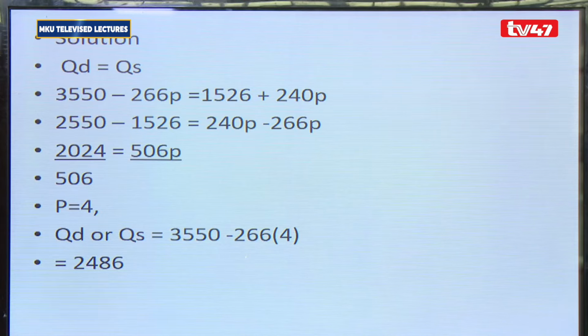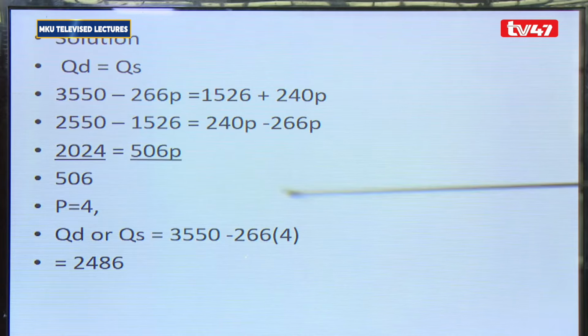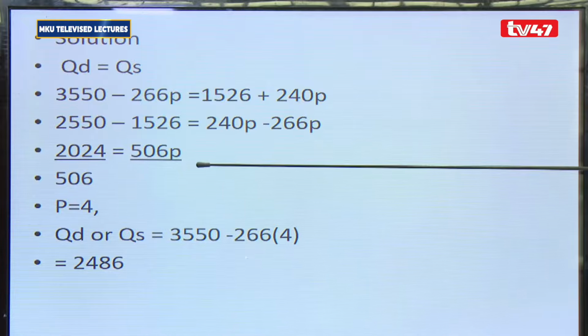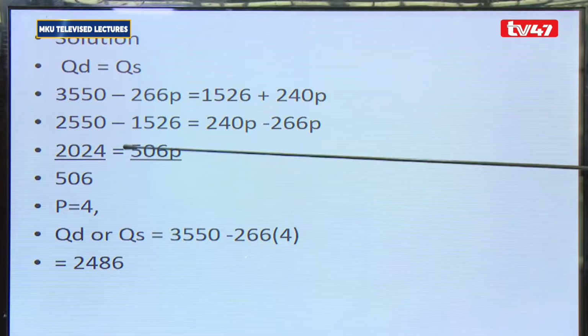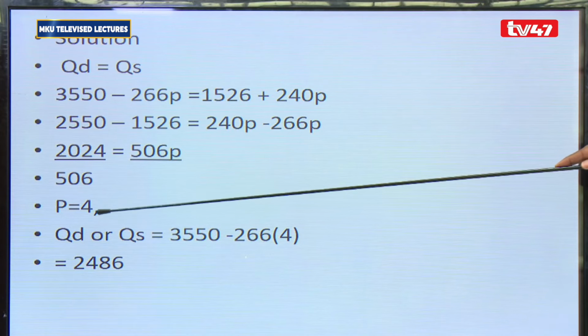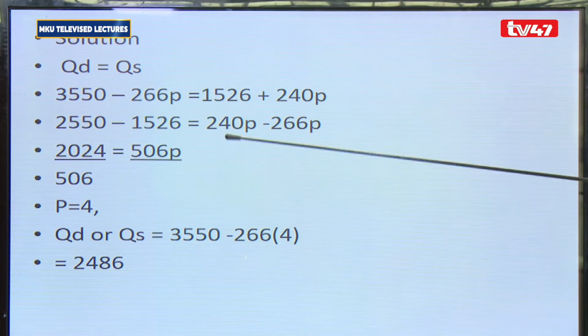Let us do the calculations correctly. We put the like terms together, and when we calculate, we derive P first, so that finally we use P to establish our Q. When we do that, we get P being 4 shillings. Then we substitute our calculated P of 4 shillings into either of the functions.